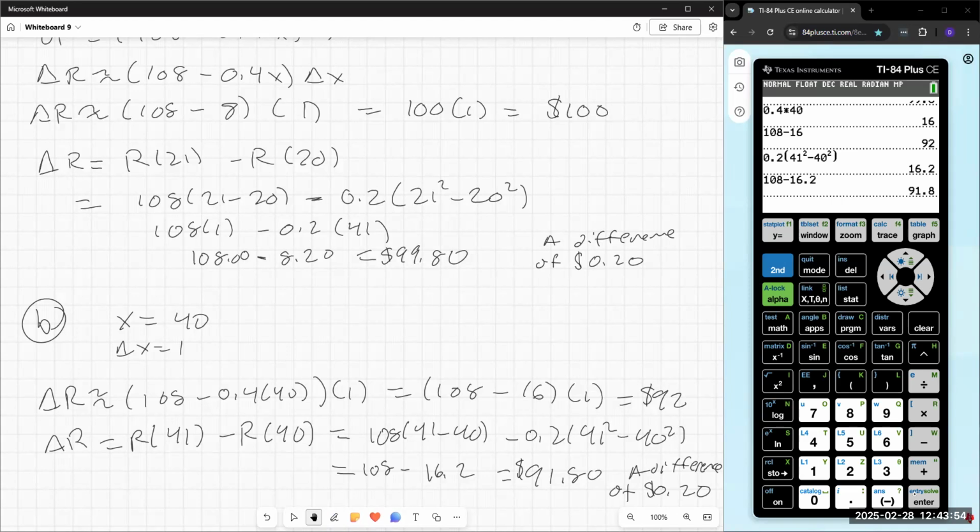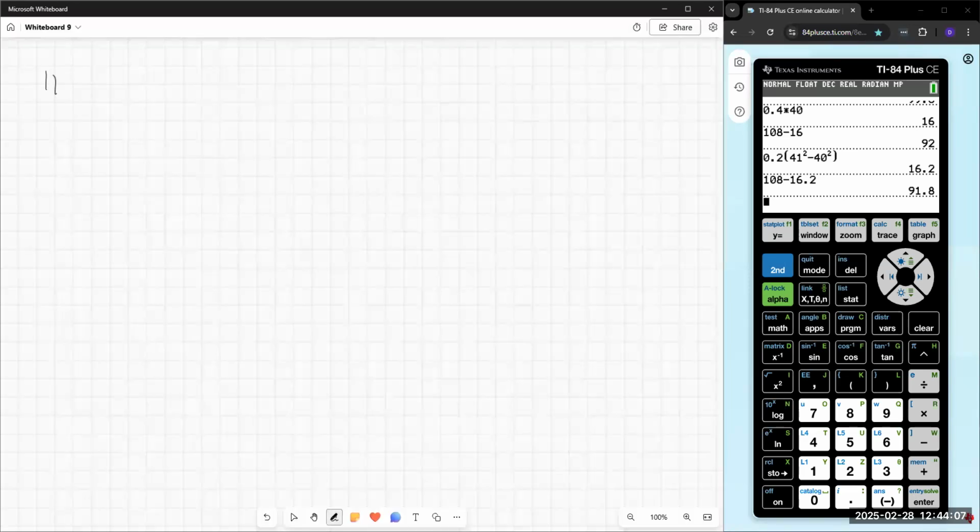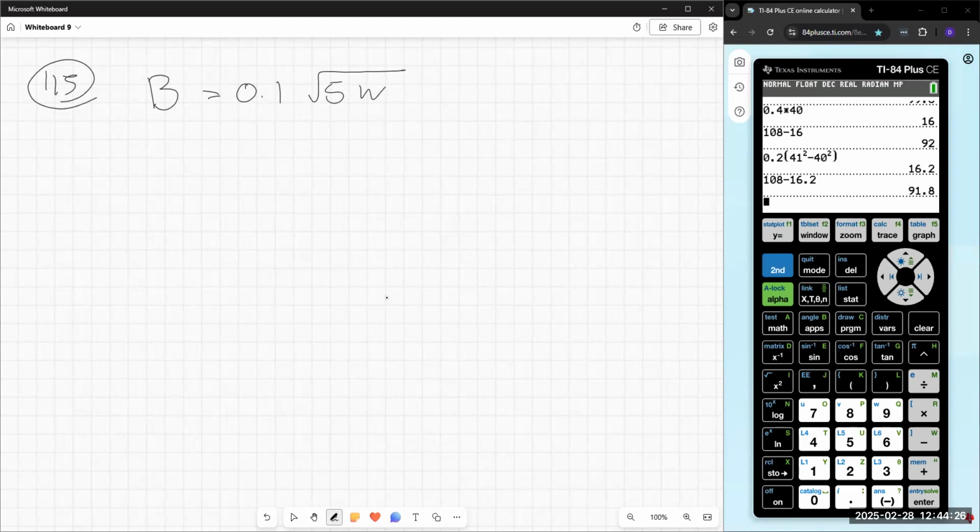Let's wrap up now with number 115. Number 115 is an application on physiology, and your body surface area, which we'll call capital B, is given by the formula, in this case 0.1 times the square root of 5W, where W is the weight in kilograms, and this formula is for a 180 centimeter tall adult.